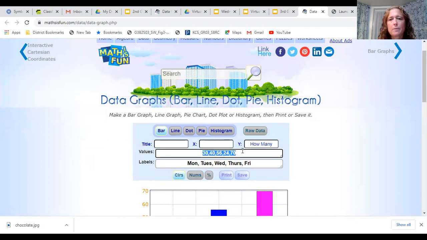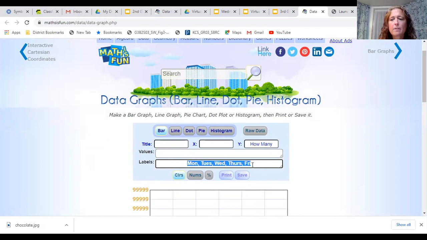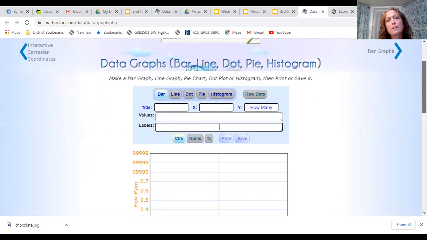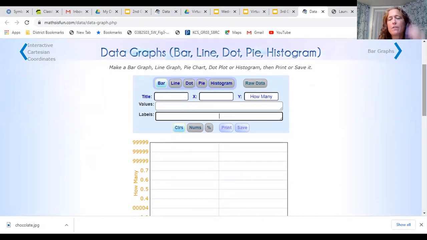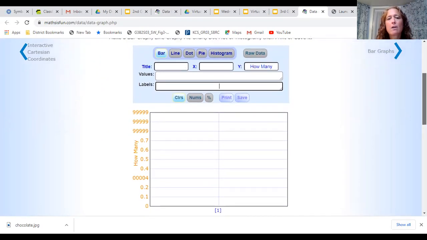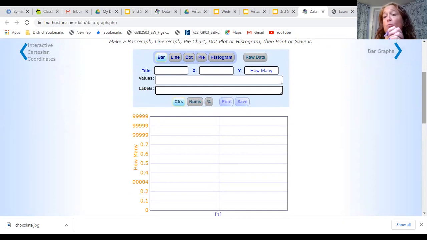Just like we said before, the most important part of the graph, of course, is the title, because the title allows the person reading the graph to understand what it's going to be showing them. So our title is going to be Lemonade Sales. I gotta spell it right though.